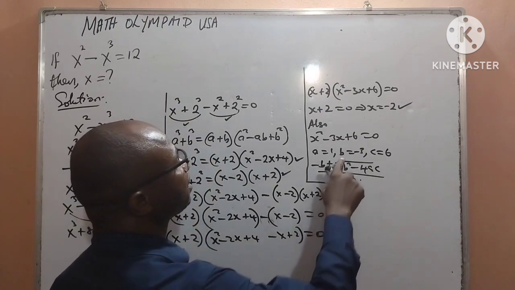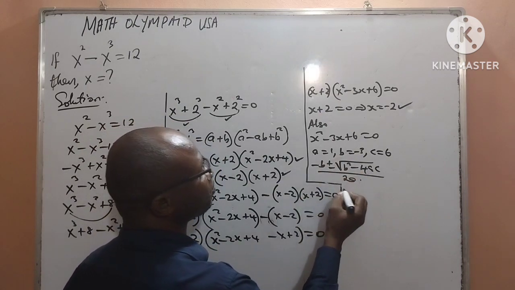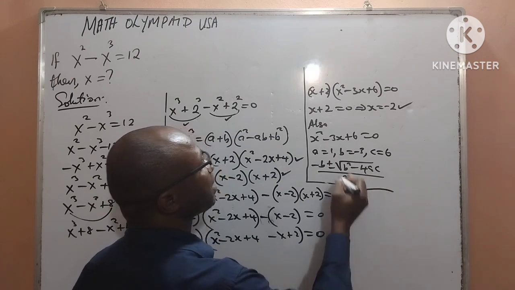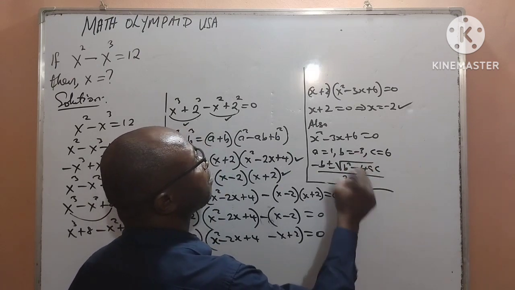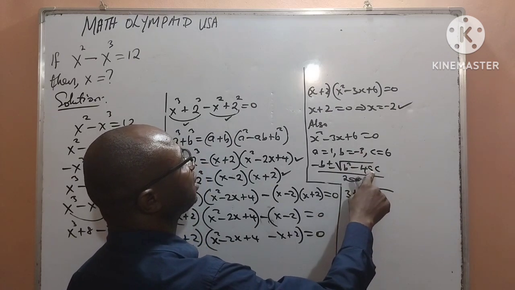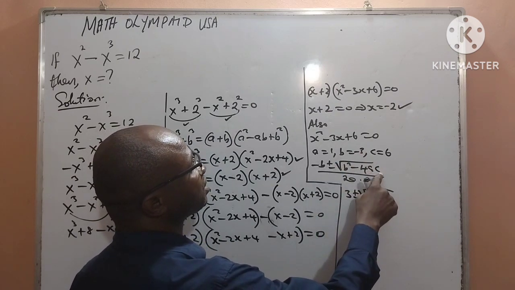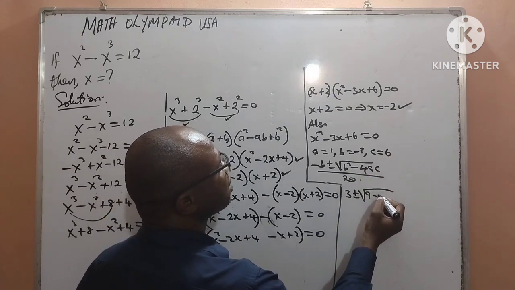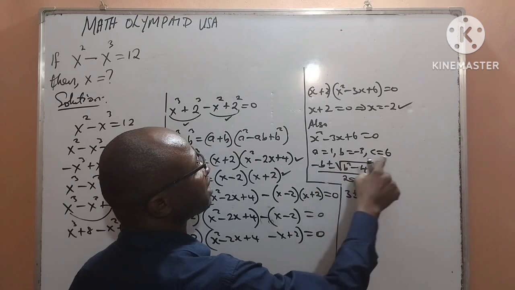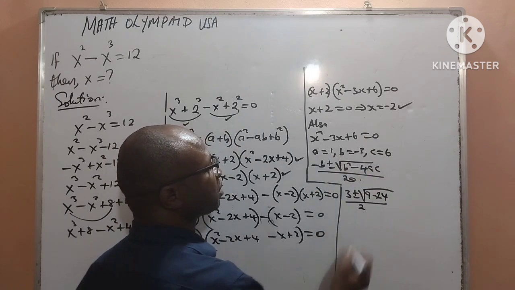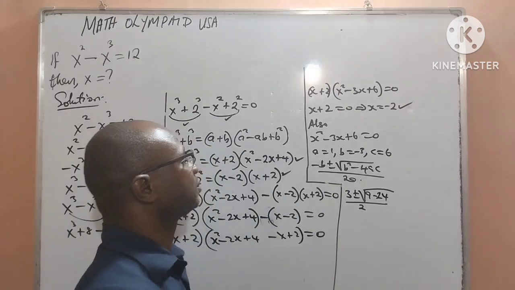So, if my b is negative 3, so I have minus of negative 3 to give me 3 plus or minus the square root of 3 squared, which will give me 9, minus 4 times a, 4 times 1 times c, and my c is 6, that is 4 times 1 times 6 will give me 24. Everything all over 2 times 1, which is equal to 2. Very good.